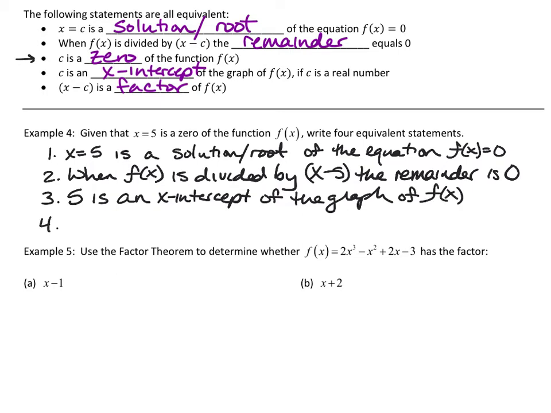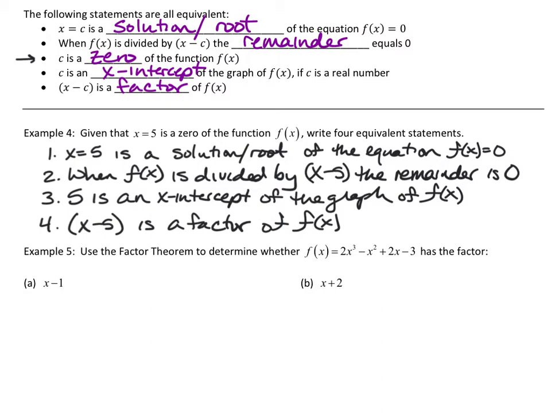And the last statement we can say is that x minus 5 is officially a factor of f of x. We know all of this just by knowing that x equals 5 is a 0 of the function. So knowing the zeros of your function is huge to be able to talk about a lot of other important pieces of a polynomial.